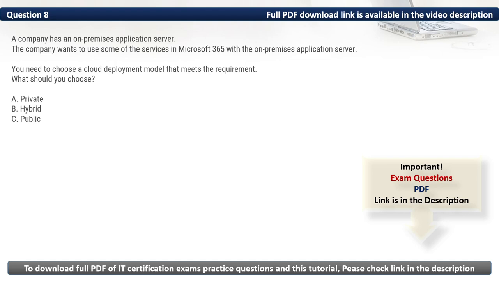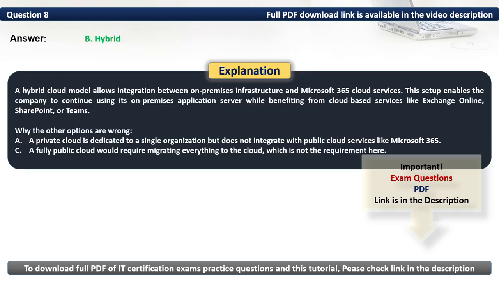A fully public cloud would require migrating everything to the cloud, which is not the requirement here. As such, we will choose hybrid. Thus, the correct option is B. A hybrid cloud model allows integration between on premises infrastructure and Microsoft 365 cloud services. This setup enables the company to continue using its on premises application server while benefiting from cloud based services like Exchange Online, SharePoint, or Teams.